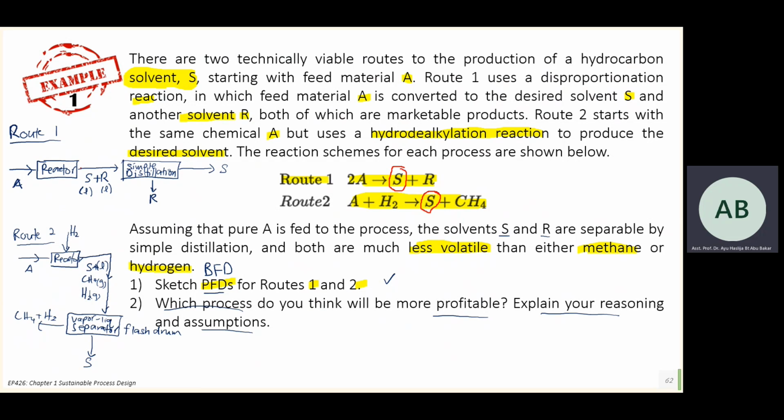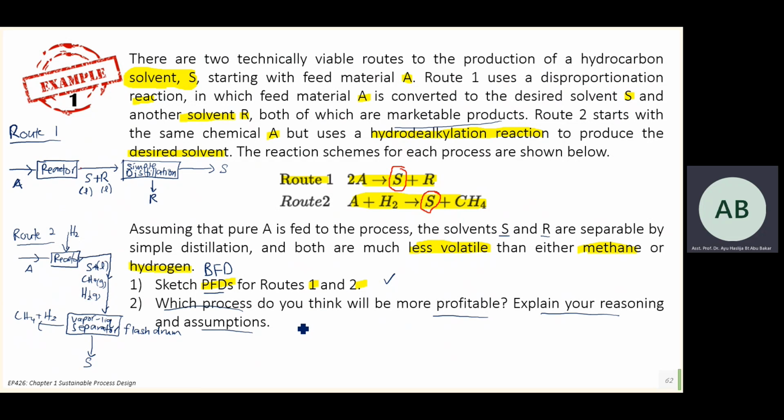And for route 1, the byproduct is R. In the statement over here, it mentioned marketable products, so you can sell R as well. So in question 2, it depends on your justification.